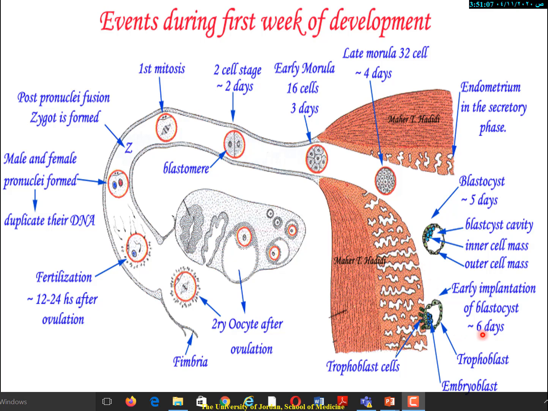By day 6, as you can see, the trophoblast of the blastocyst would invade the uterine wall, and what we call this early pregnancy, which is early implantation.